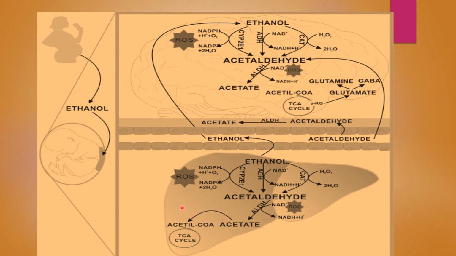So a lot of synthesis of fatty acids will take place, but the fatty acids are not able to be oxidized because of this abnormal ratio of NADH to NAD. So this leads to accumulation of a lot of fatty acids in the form of TGs, triacylglycerol, causing fatty liver.